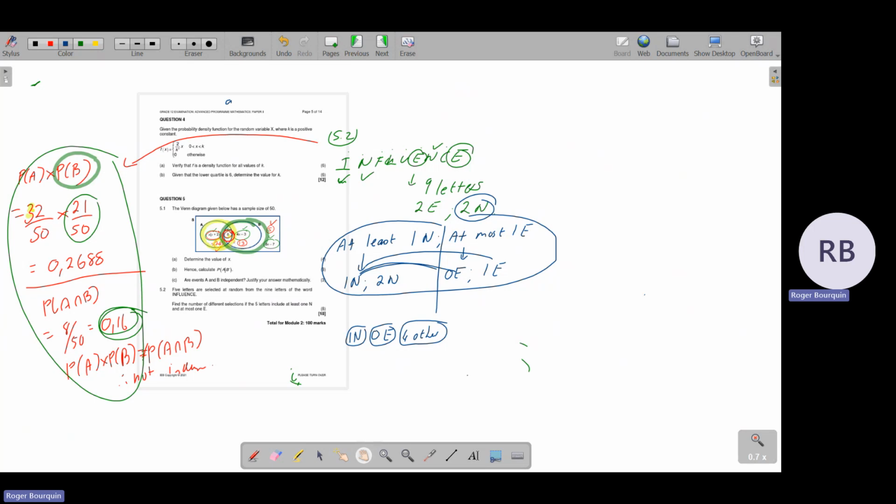Now in this scenario, you've got 2 E's, 2 N's, and then you've got 5 other letters. So you've got 2 E's, 2 N's, 4 plus 5, 5 other letters. So we could either have 1 N, if these criteria are to be met, no E's and 4 others. Or I could have this situation where I have 1 N and 1 E. So I'll choose 1 N, 1 E, and 3 others.